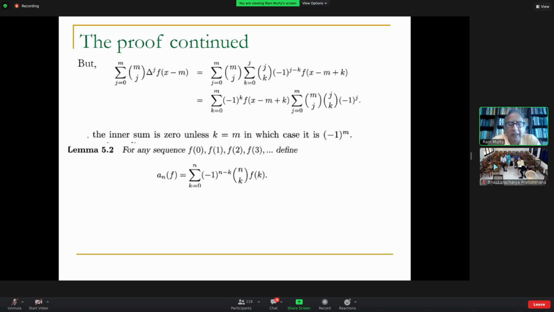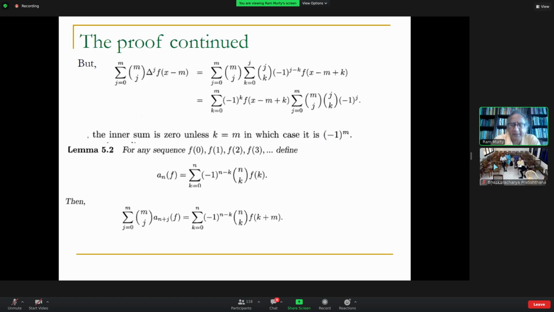Now we look at any sequence that you give me, f(0), f(1), f(2), and so on. We'll define a_n of f in this fashion. We know this is the right way to do it because, by the inversion formula, we get a formula for f(k) as a kind of Mahler series. But I want to establish another relation of a_(n+j), some sort of shift.